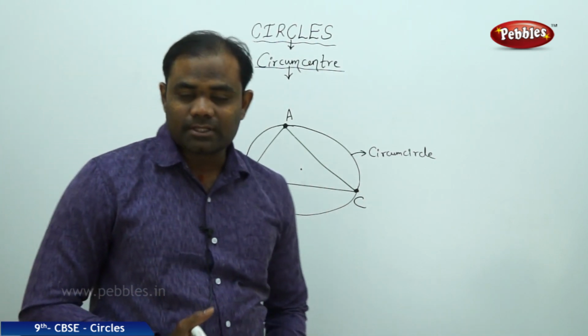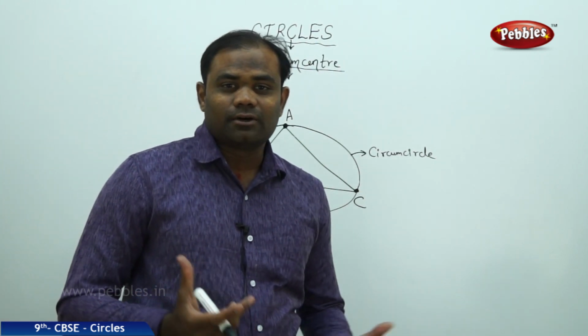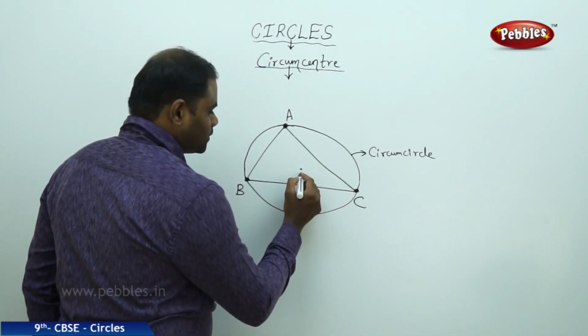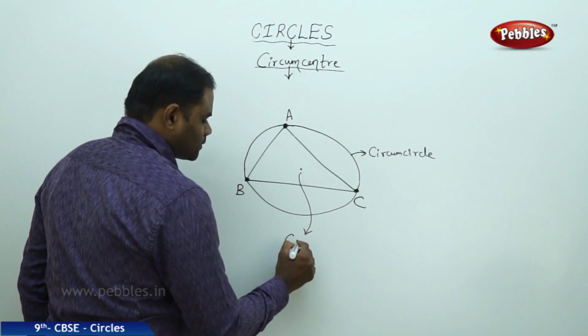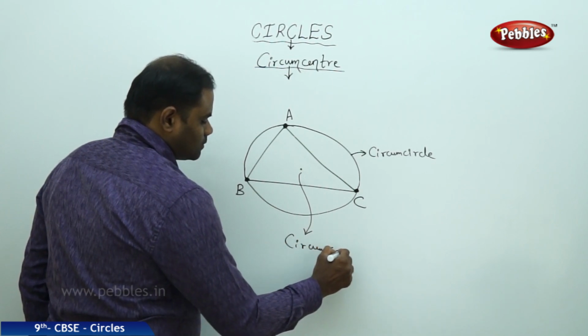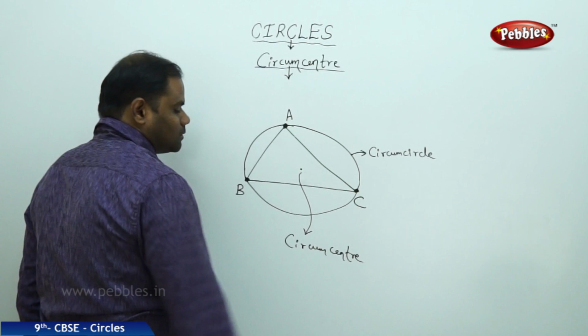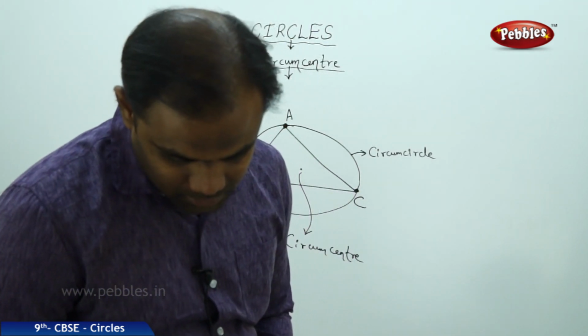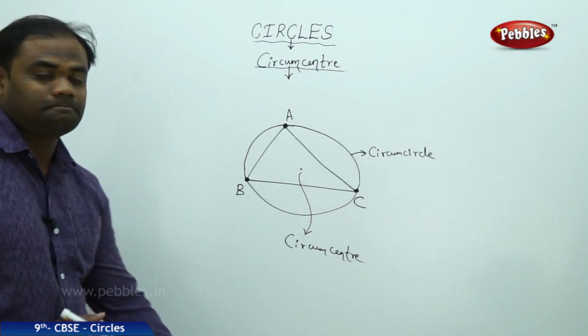So the circumcenter is identified to be the center of the circumcircle. Here this point is called the circumcenter. That is how we understand the circumcenter for a given circle.